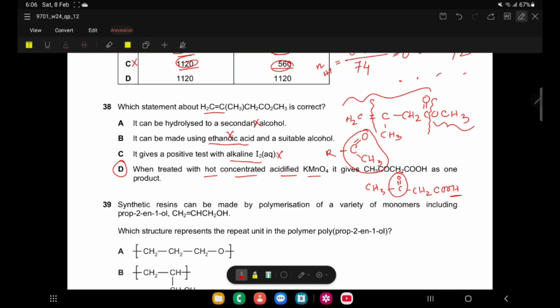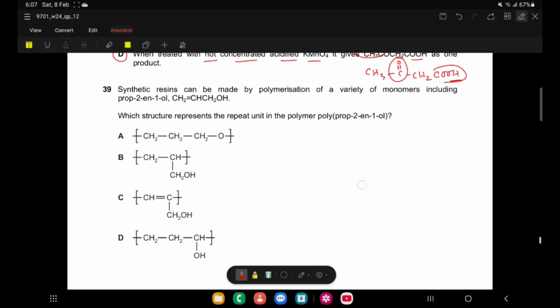As this one is a tertiary carbon, it will give a ketone group. And obviously this will be hydrolyzed to form carboxylic acid. So the correct answer is D.